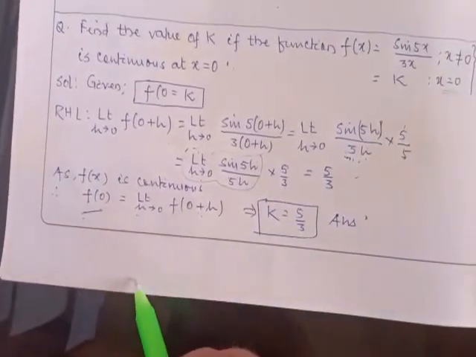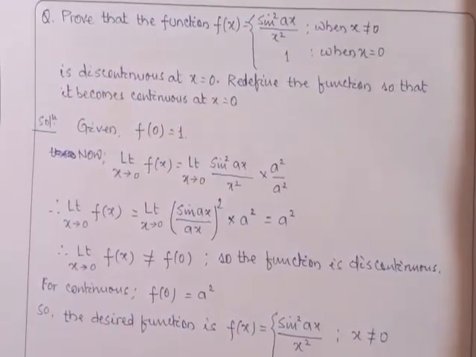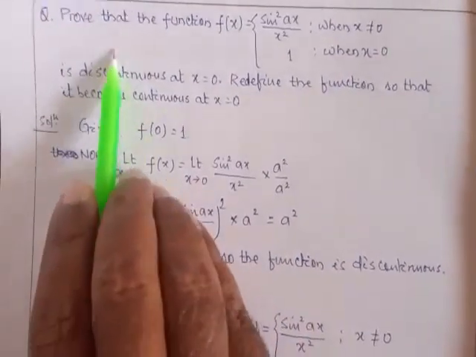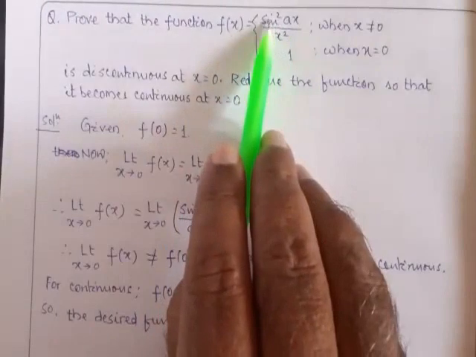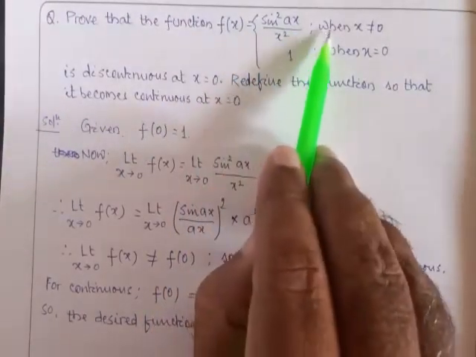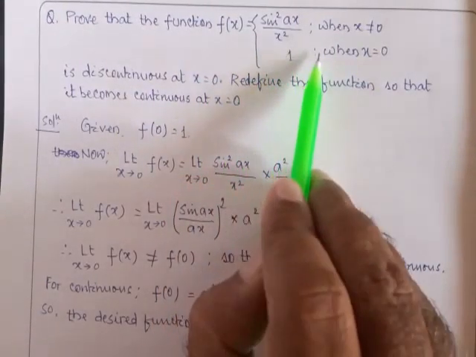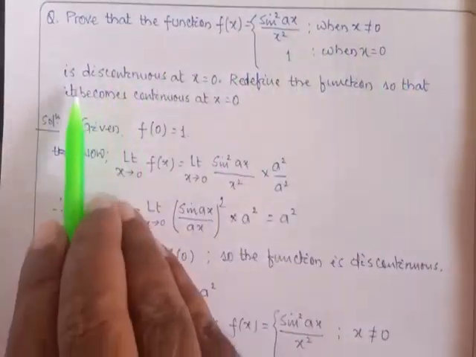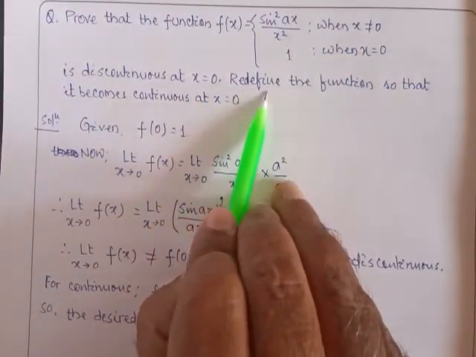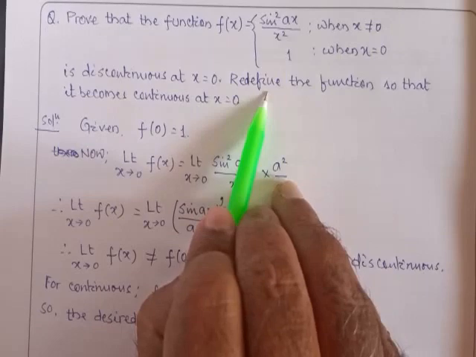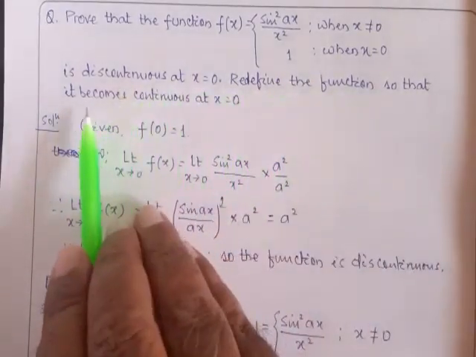See one more question. Prove that the function f(x) = sin²(ax) upon x² when x is not equal to 0, and f(x) = 1 when x is equal to 0, is discontinuous at x equal to 0. Redefine the function so that it becomes continuous at x equal to 0.